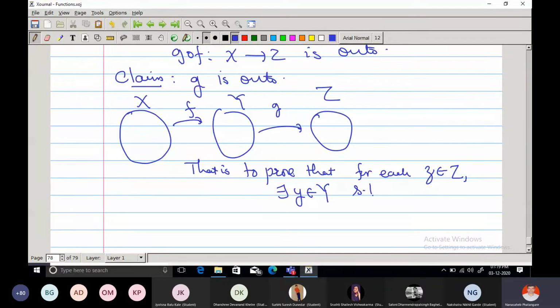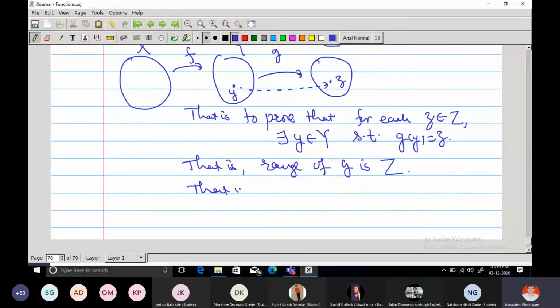You choose any element in Z and can we produce a pre-image in Y so that the image of y is that element? So you just choose any element from the codomain of G. G is onto means the range of G is the whole codomain Z. That is what we need to prove.